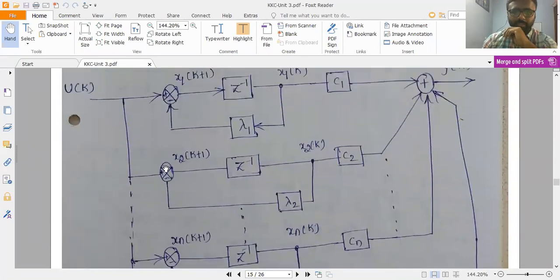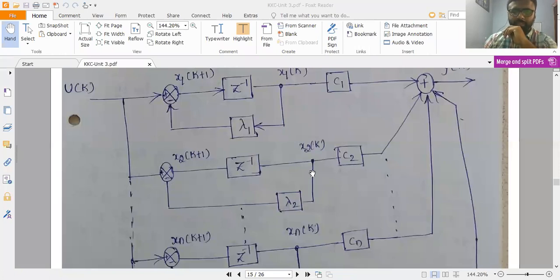So x2 of k plus 1 is written as u of k coming here, and the other term is x2 of k into lambda 2. x2 of k plus 1 is equal to u of k minus lambda 2 into x2 of k.